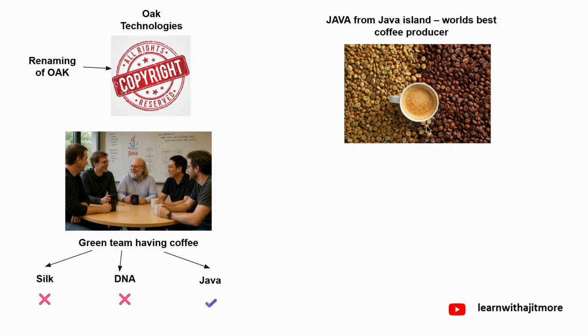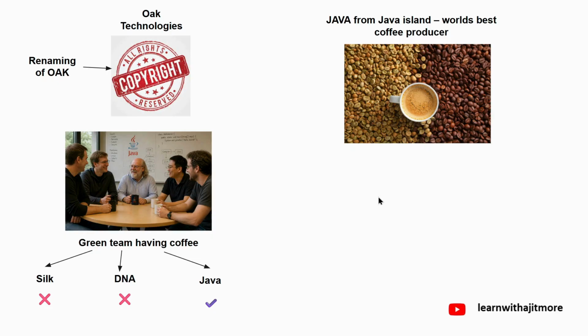In India also there are many places where coffee is grown, Coorg and all. If you go to Coorg, Kodaikanal and all, there is also coffee, even nowadays in Goa also. If you go, there are areas where they produce coffee. But this is the best one, the best of the world. Okay, and they confirmed that our language name should be Java.